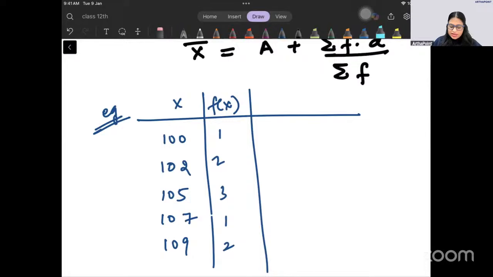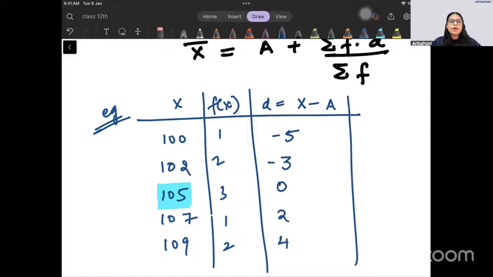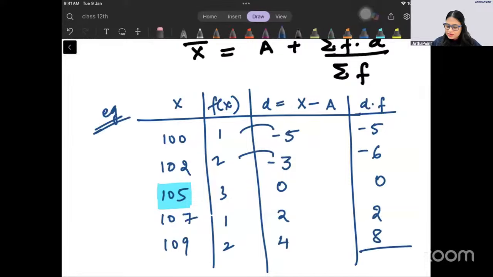Then what I can do is I can take some number as assumed mean and I can find deviation. तो deviation हो जाएगा x minus assumed mean. So 100 minus 105, 102 minus 105, minus 5, minus 3, 0, 2 and 4. And then I can find D into F. So I can multiply this together, add this.